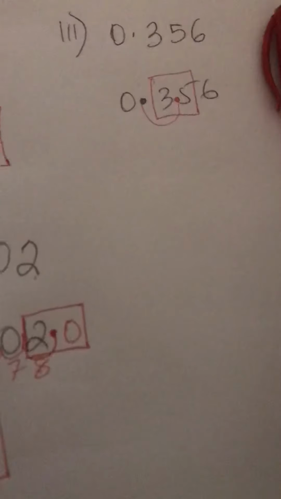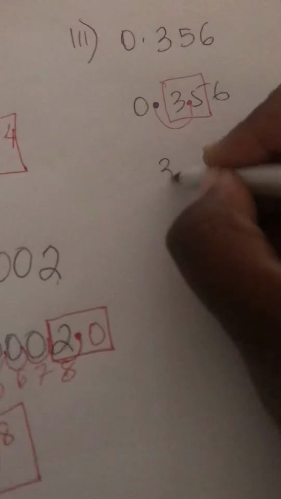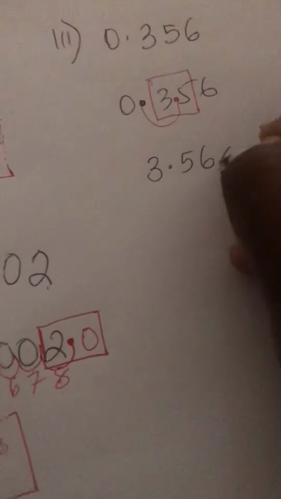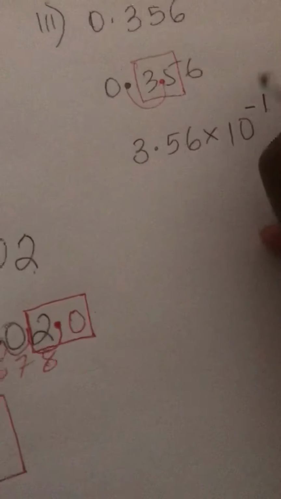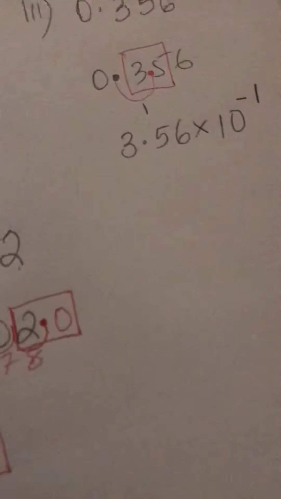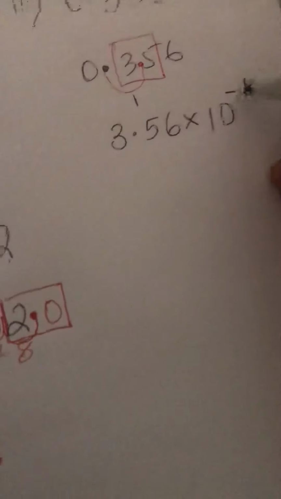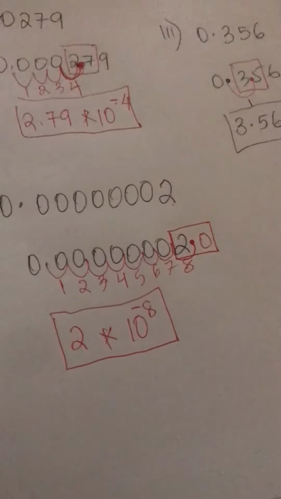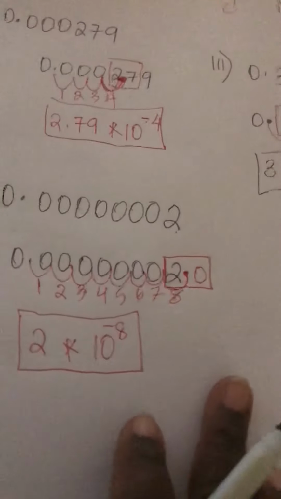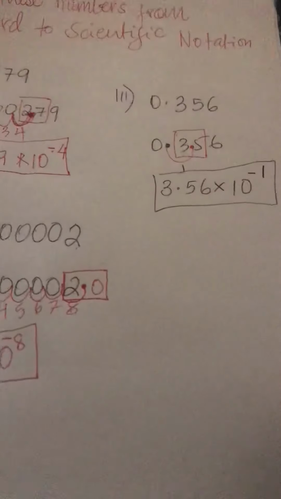How many times did I move? 1 time. So I'm going to write 3 and 56 hundredths times 10 to negative 1. How did I know it was 1? Because I only moved 1 time. How do I know it was negative? Because my number started with 0. And this is my answer.